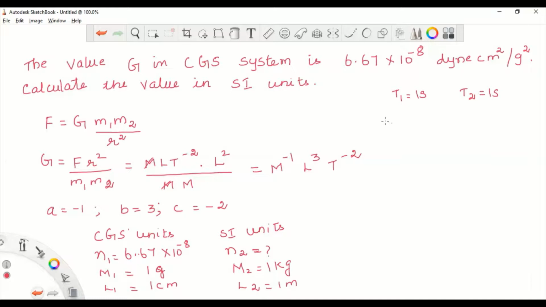We know the formula N2 is equal to N1. I'll write once again here, children. M1 by M2, the whole power A. L1 by L2, the whole power B. Then T1 by T2, the whole power C. Okay, so substitute it here.